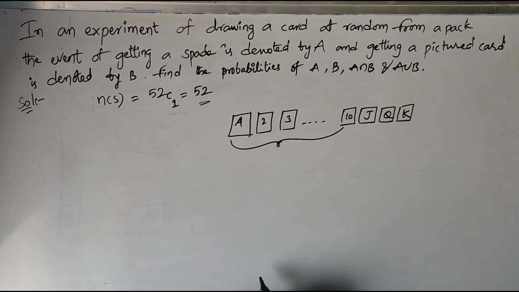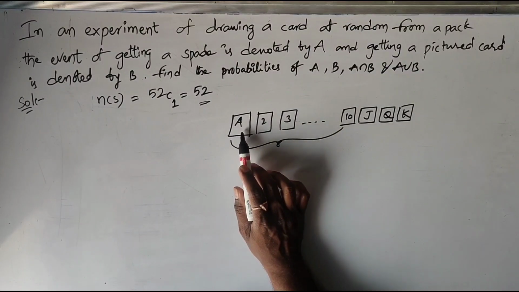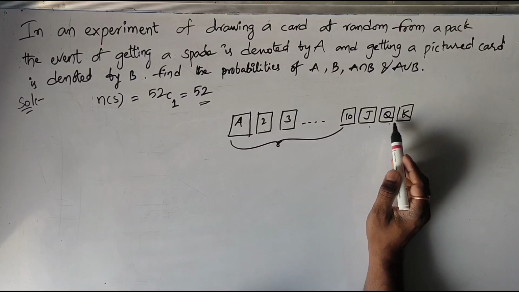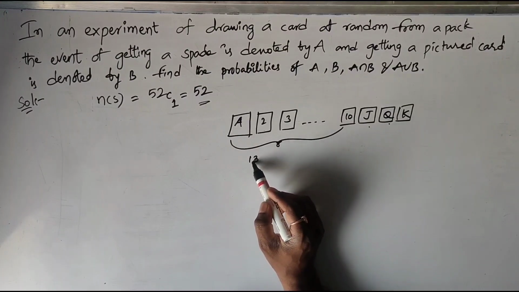A is 1, then 2, 3, 4 and so on up to 10, then J, Q, K makes 11, 12, 13. So there are 13 types of cards.